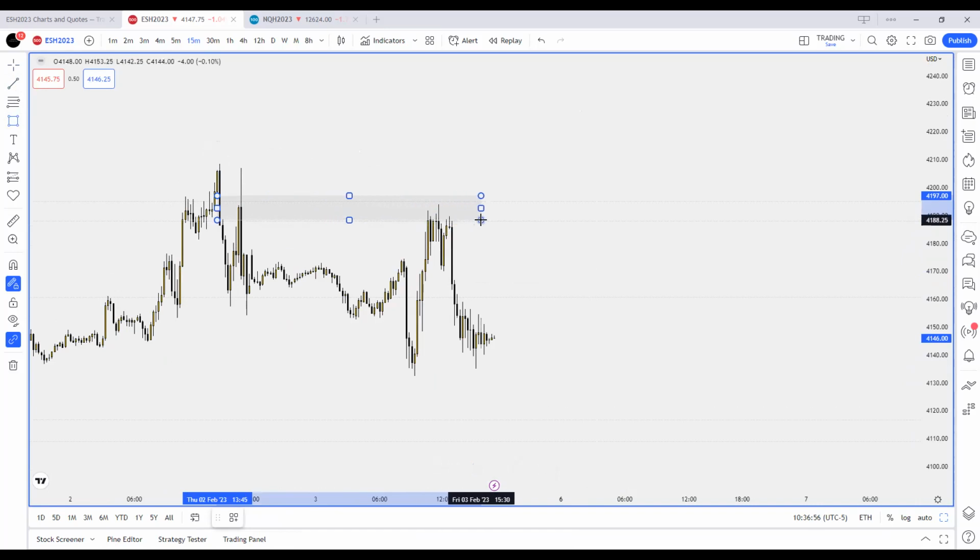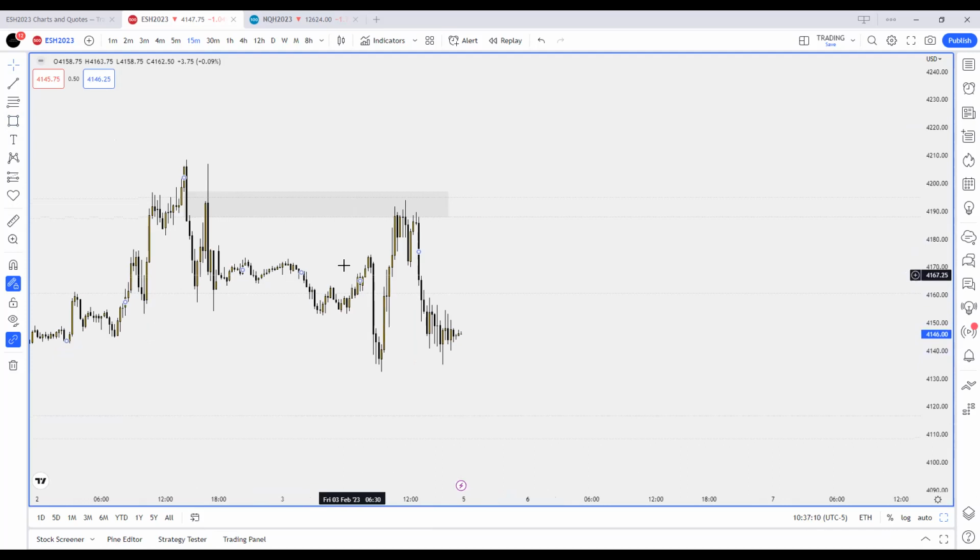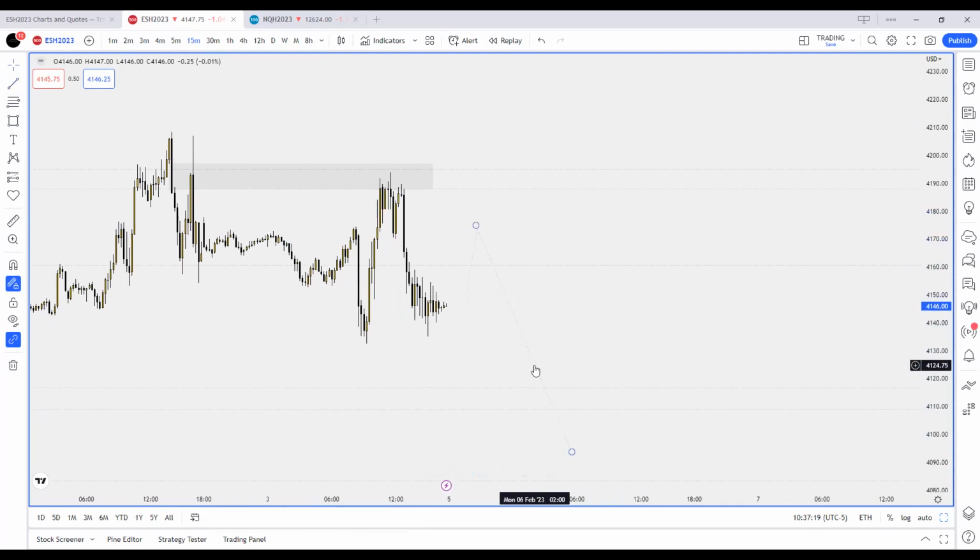You can see right here, price is very sensitive to this free value gap. And then looking at this liquidity voided here, you could potentially see price come into any of these levels, or some free value in there. So if price does start to go higher during the week, I would just watch for this area to see if we could push it back down into our levels and then potentially see that run.